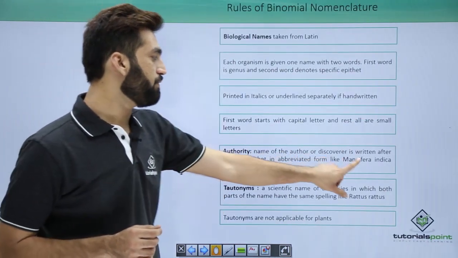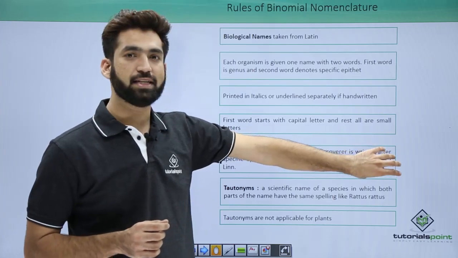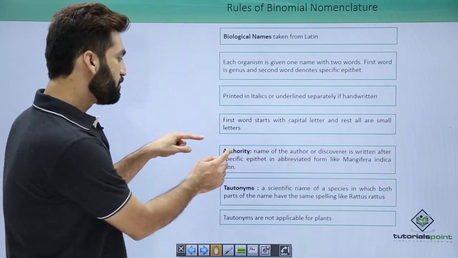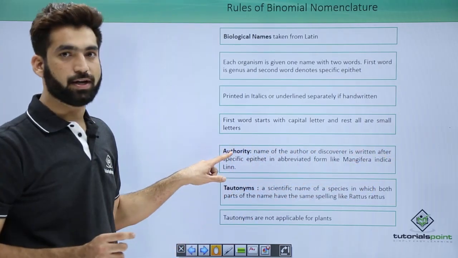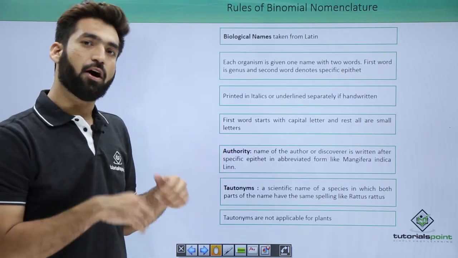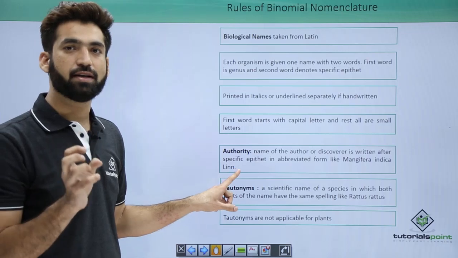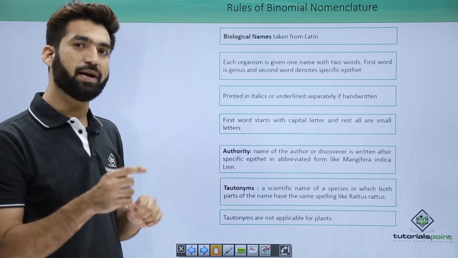Linnaeus was the first person who gave the scientific name Mangifera indica. Giving the author name after the scientific name is called authority. You are allowed to give it, or if you want, you can leave out the author's name also, but the author's name always has to be written in abbreviated form. You can write Linn., or you can also write L.